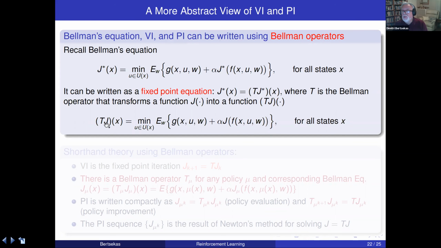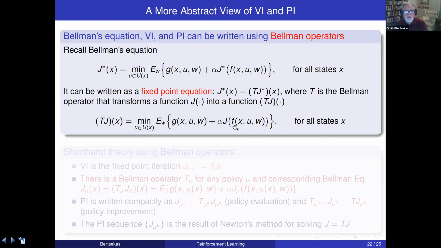You feed it with the function J, and it does basically a dynamic programming operation, and it gives you T J. T J, the Bellman operator, is really the dynamic programming operator. It starts with a cost function and gives you another cost function. It's like a subroutine. You feed it a cost function, it gives out another cost function.